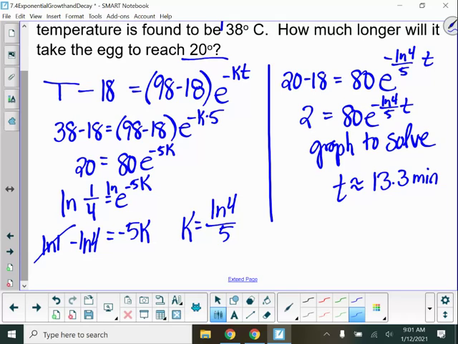Since it's 13.3 minutes from the beginning, 5 minutes had already passed.